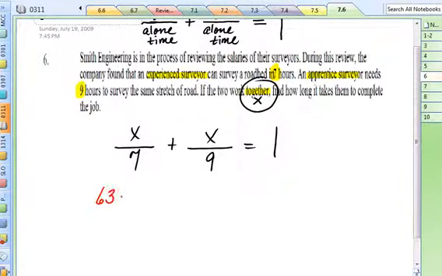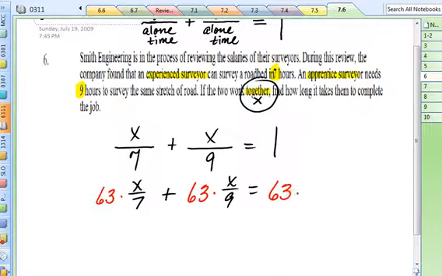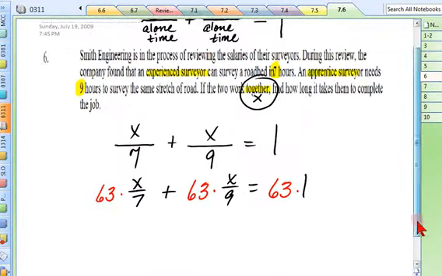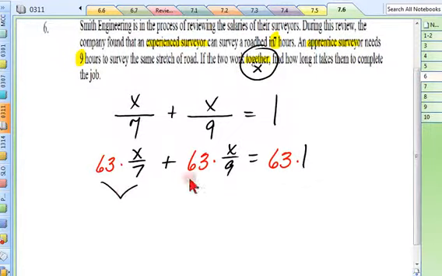So here I go. 63 times x over 7 plus 63 times x over 9 equals 63 times 1. I have 3 little products. 7 goes into 63 9 times.